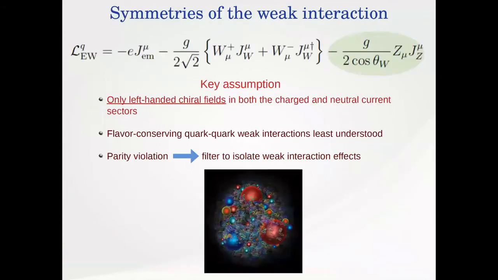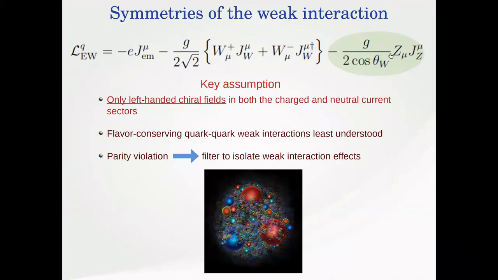The second thing, where neon-19 again plays an important role, is that although our knowledge of the charged current sector of the weak interaction is very, very well established, our knowledge of the weak interaction in the neutral current sector, especially within nuclei, between nucleons, the nucleon hadronic weak interaction, is very, very, very scanty. That's because the quarks within a nucleon interact with each other with a parity violating weak interaction that doesn't change flavor.